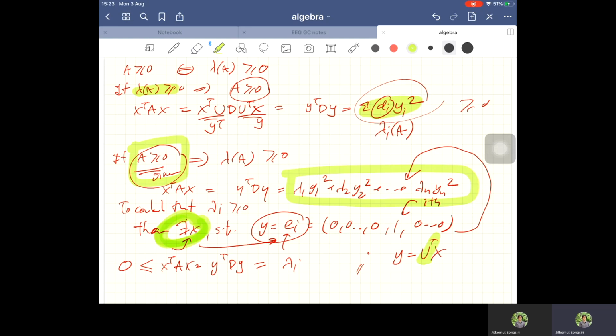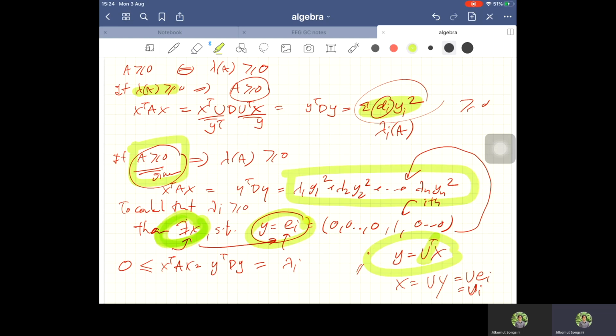There's always going to be a vector x that allows you to choose such y, because your x is actually Uy, like the inverse operator. It's actually U of e_i, which is u_i. You want to show that if A is positive semi-definite, all the lambda_i's must be non-negative.